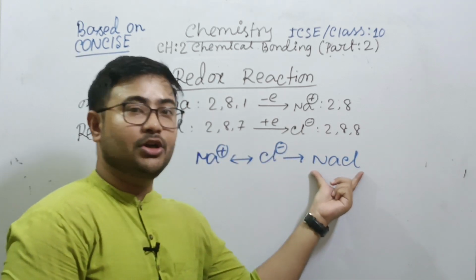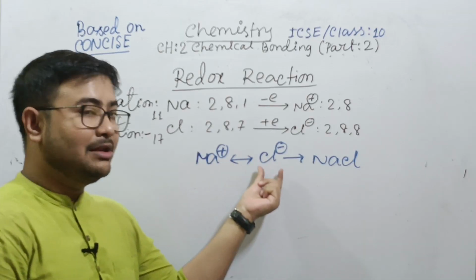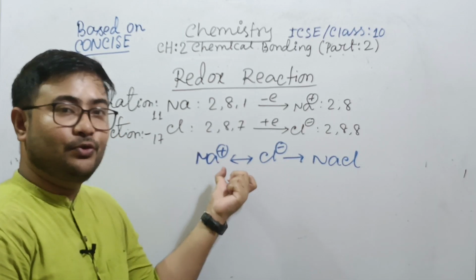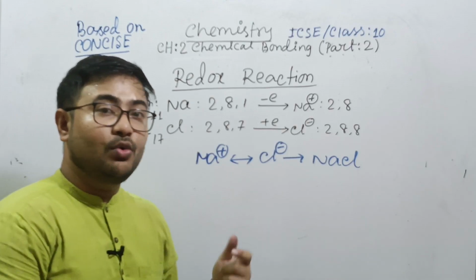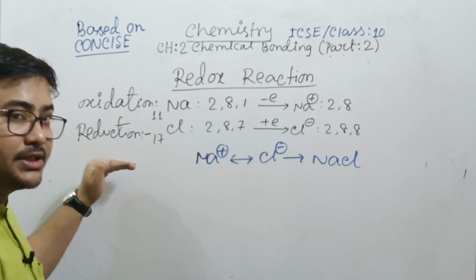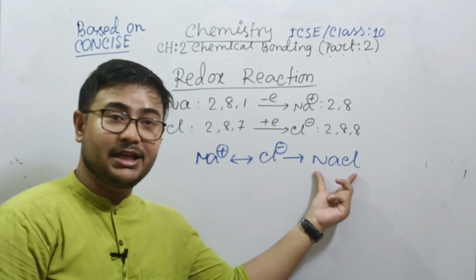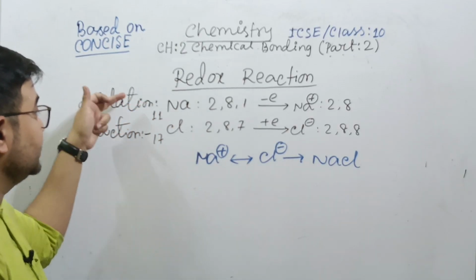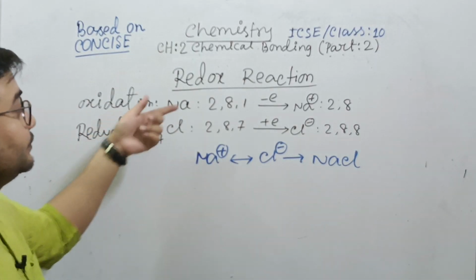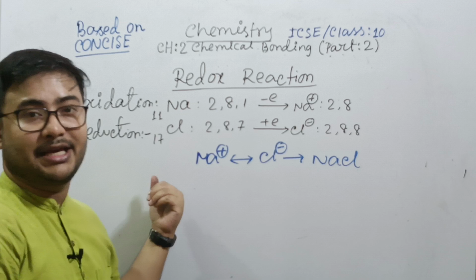During the formation of NaCl, when Na plus and Cl minus come close to each other by the Coulombic force of attraction, what will happen? Only oxidation, or reduction, or both? Both oxidation and reduction will take place. Why? Because sodium releases and Cl accepts.